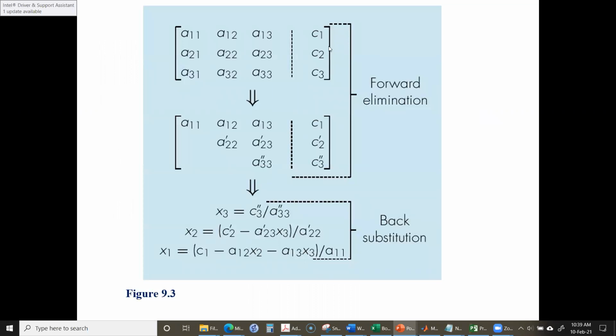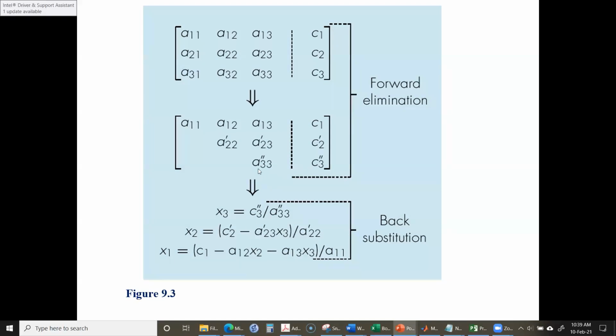So in this method, you have this system of equations, and by forward elimination it is converted into this kind of system of equations. This is the triangular system of equations. With this triangular system, we can use the back substitution method to find the solutions of x3, x2, and x1.